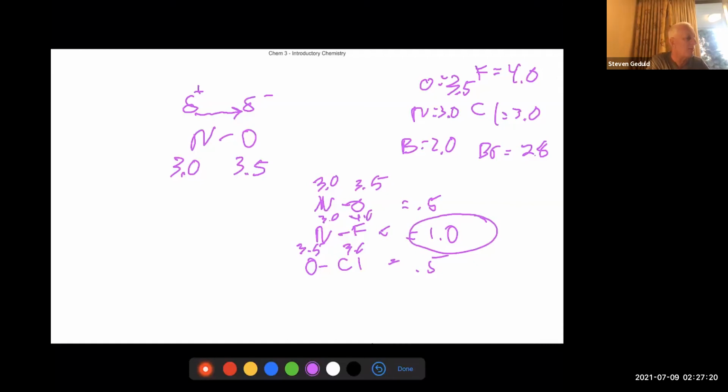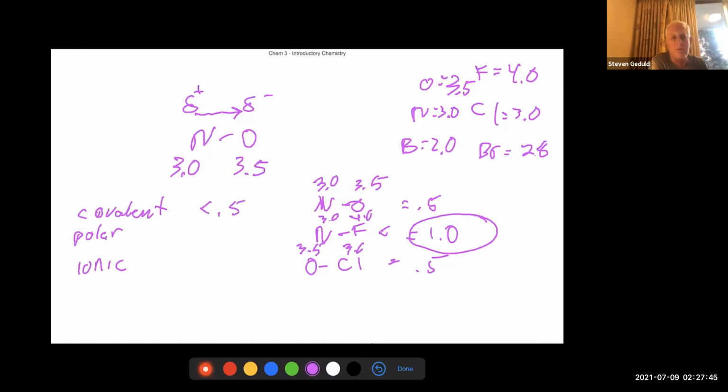All right. Now, when we do that, we have different types of bonds. We have covalent bonds. We have ionic bonds. Those are two we talked about already. Now we have polar bonds. So basically, a covalent bond is when your electronegativity difference is less than 0.5.